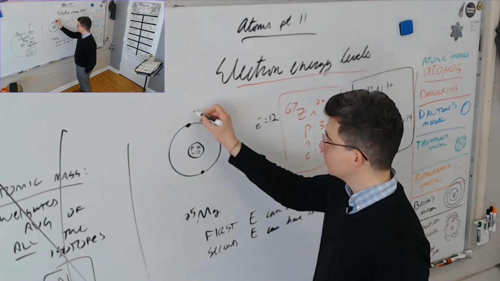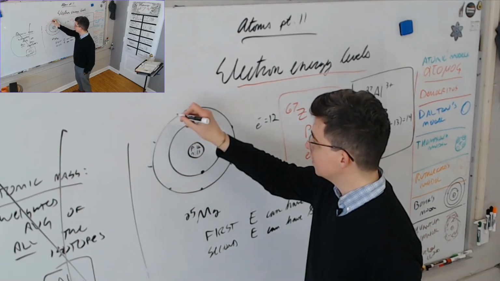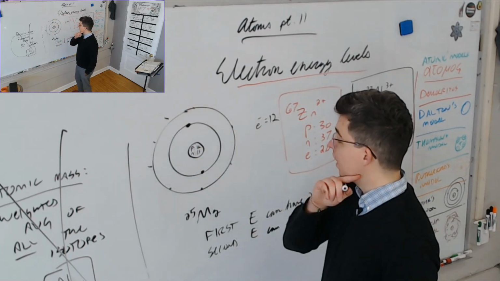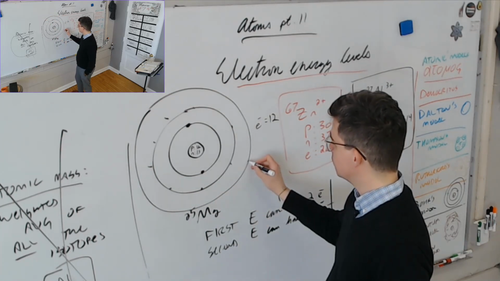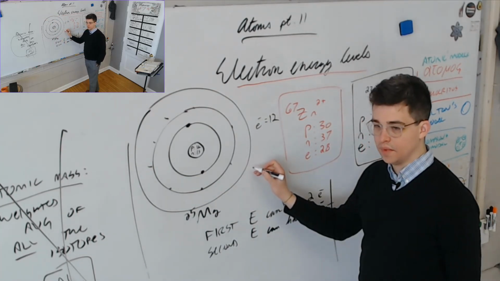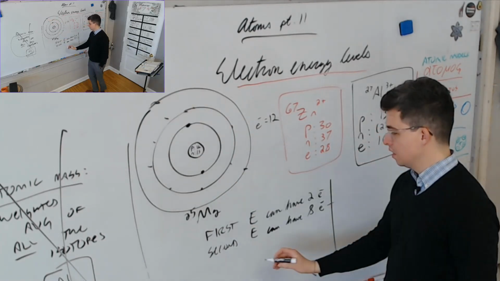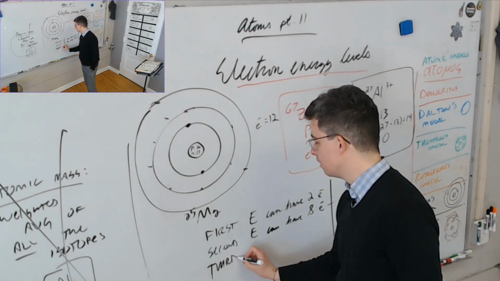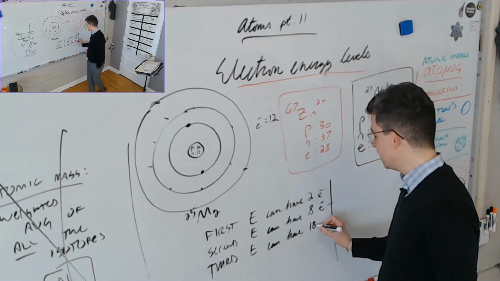So I have 8 in the next level, 1, 2, 3, 4, 5, 6, 7, 8. So I'm at 10. I need a third level, and how many go in the third level? 12 minus 10 is 2. 1, 2. The third energy level can have 18 electrons.